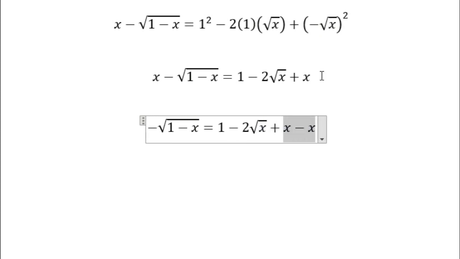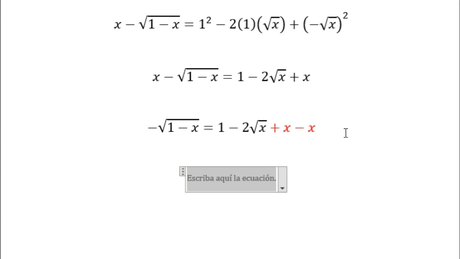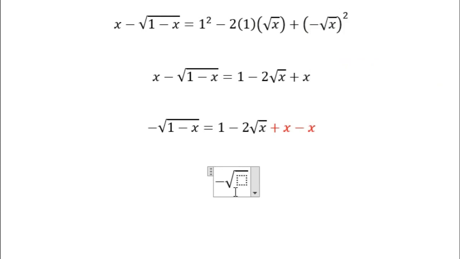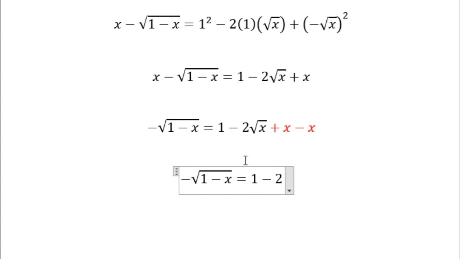Now, notice this plus x minus x cancel each other because x minus x is just 0. So, they cancel each other, leaving us with the following: minus square root of 1 minus x equals 1 minus 2 square root of x.